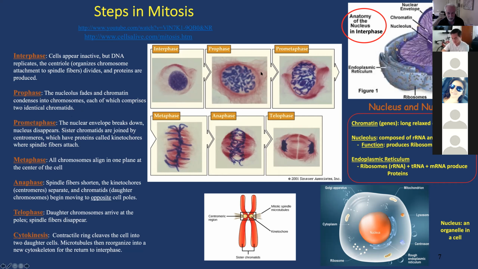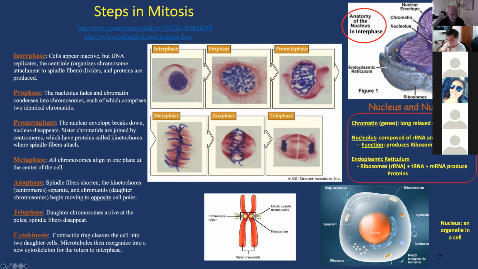Now in prometaphase, over here, the nuclear membrane breaks down, the nucleus disappears, and the sister chromatids are joined by centromeres. Talk about that in a bit. Each centromere has proteins called kinetochores, and the function of the kinetochores is that's where the spindle fibers attach. And as you'll see, the spindle fibers are important in the separation of the chromosomes.